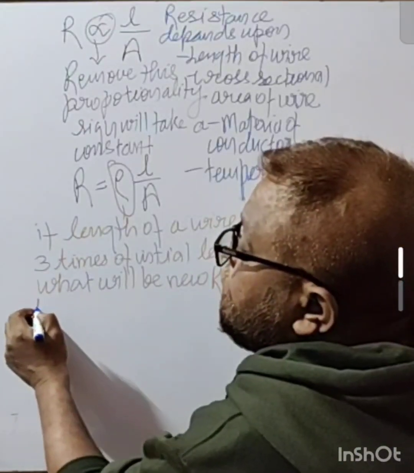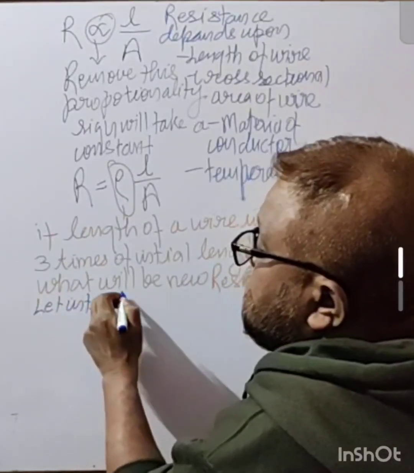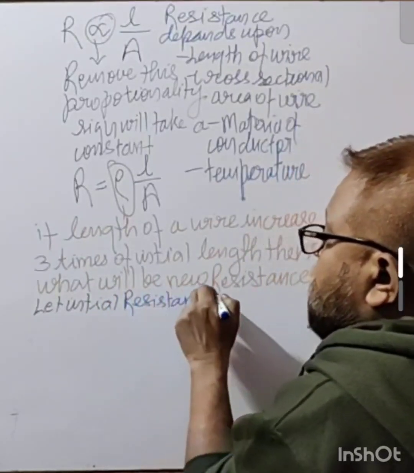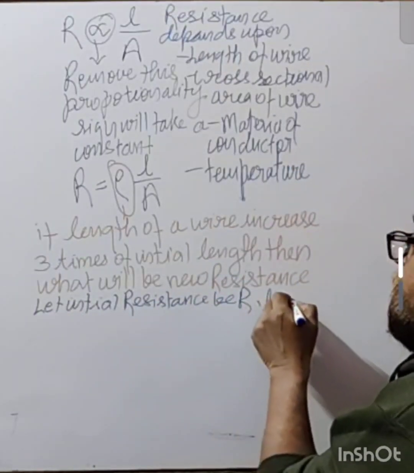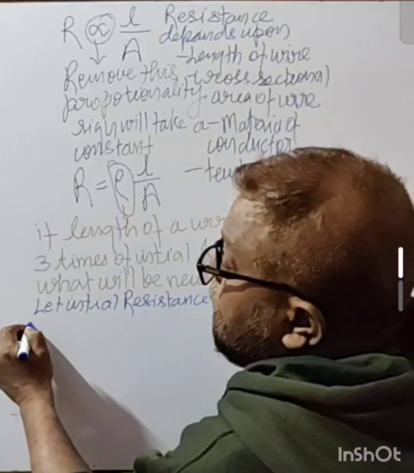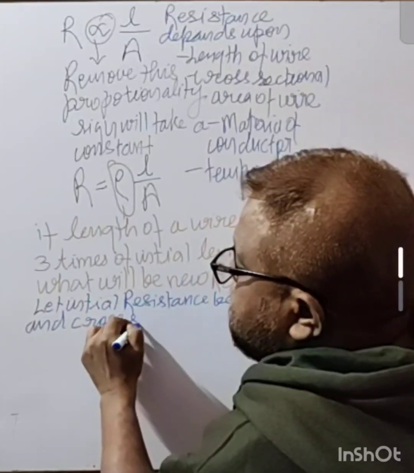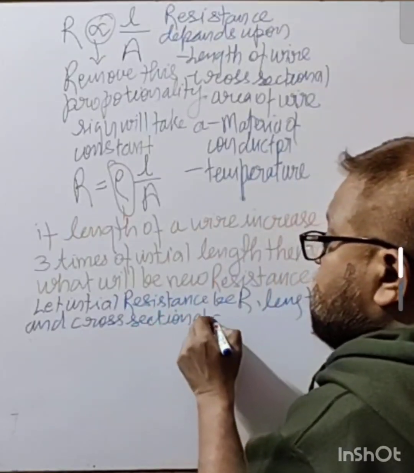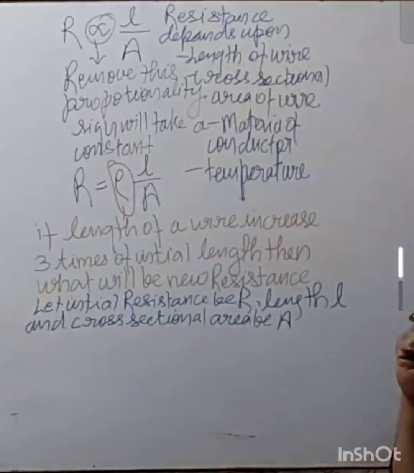Let the initial resistance be R, length L, and cross-sectional area be A, right?